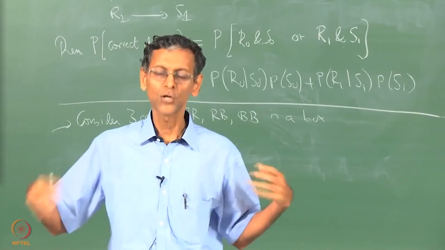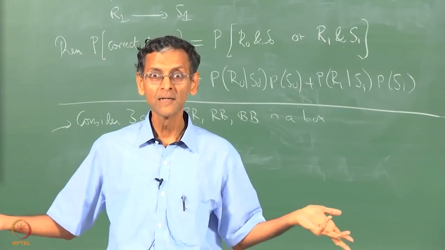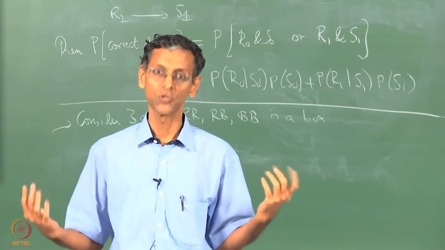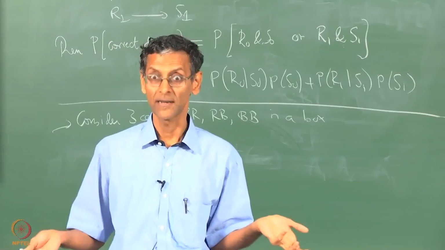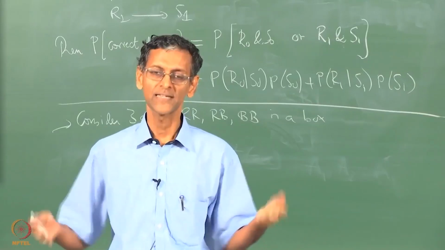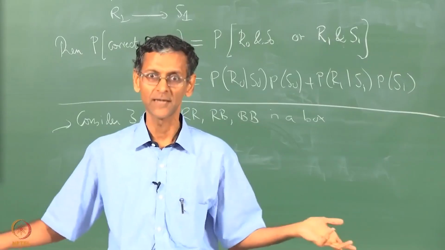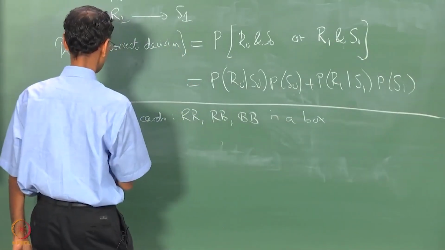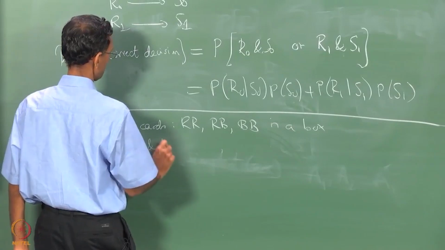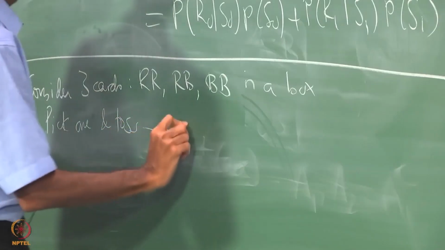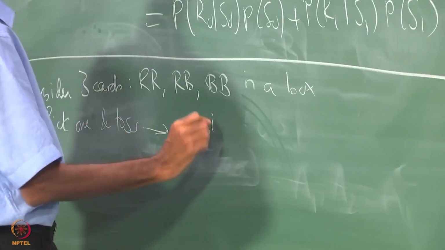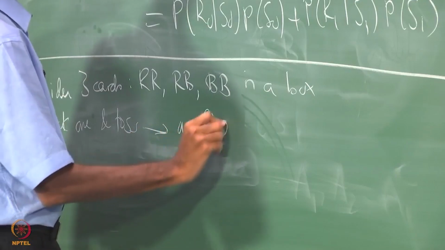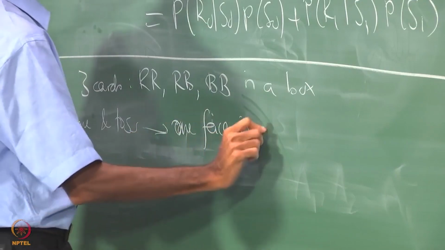Then like a coin, the card also is going to settle with any one side showing exposed, and you do not know what is on the other side. You only open your eyes after it has fallen on the ground. So pick one and toss. One face of the card is exposed.